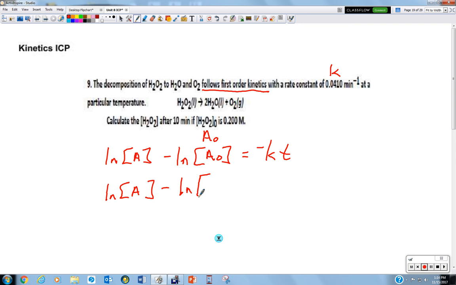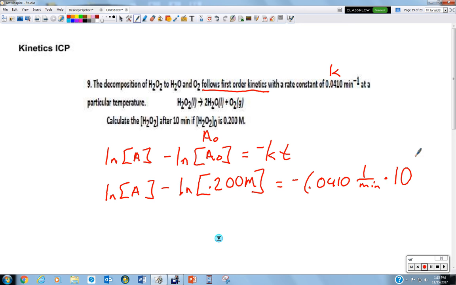We do know our original, so I'm going to put 0.200 molar, equals our K, times the time, and they said after 10 minutes.